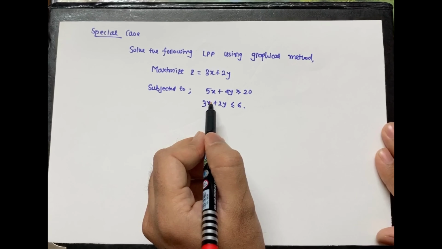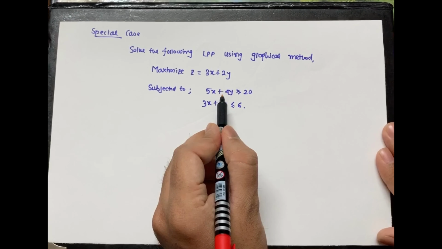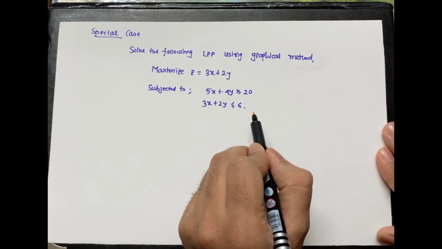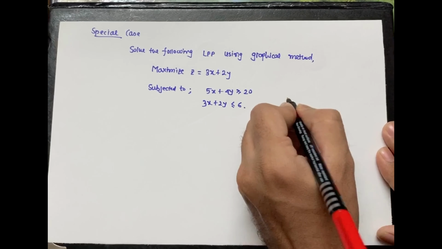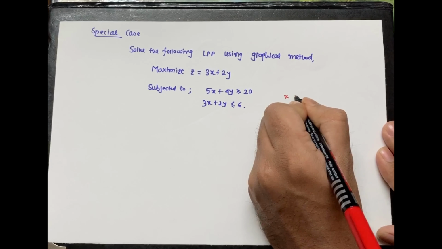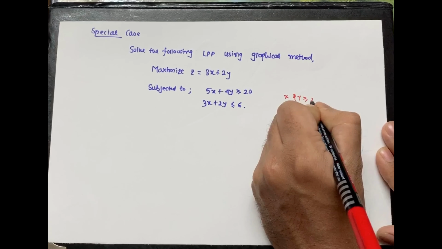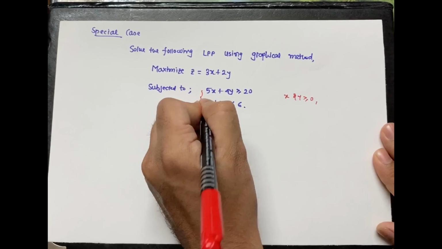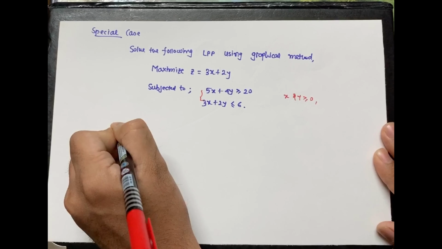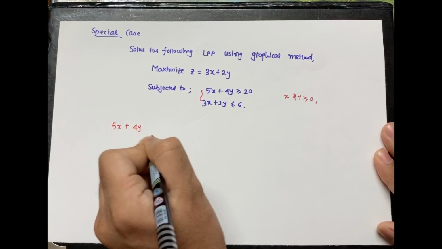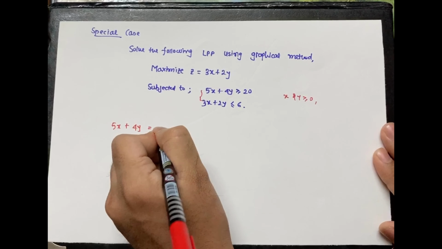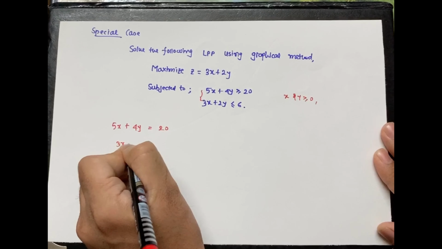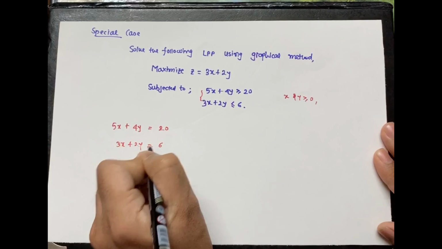It is subject to two constraint equations, 5x plus 4y greater than or equal to 20, 3x plus 2y less than or equal to 6, subject to the non-negativity condition that x and y should be greater than or equal to 0. So writing them in the form of linear equations, 3x plus 2y equals 6.